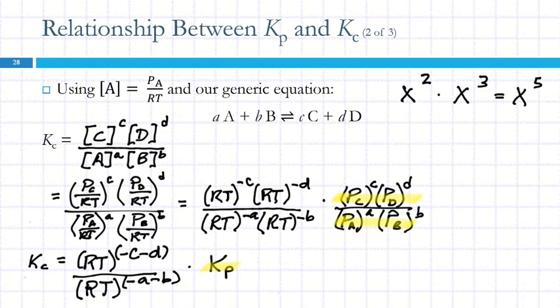So if we have RT divided by something, then instead of adding the exponents, we're going to subtract the exponents. So this RT over that RT is just RT raised to this minus that.